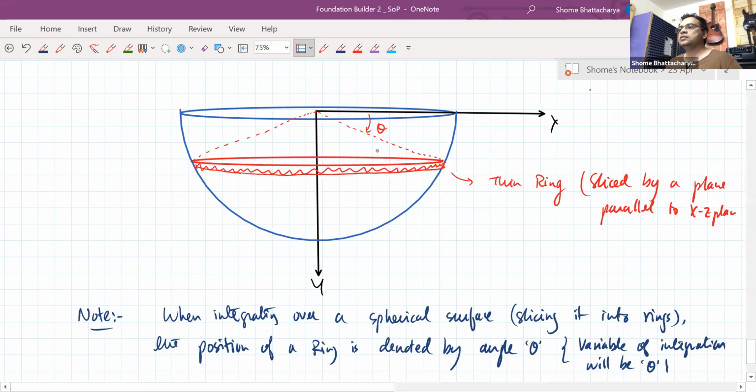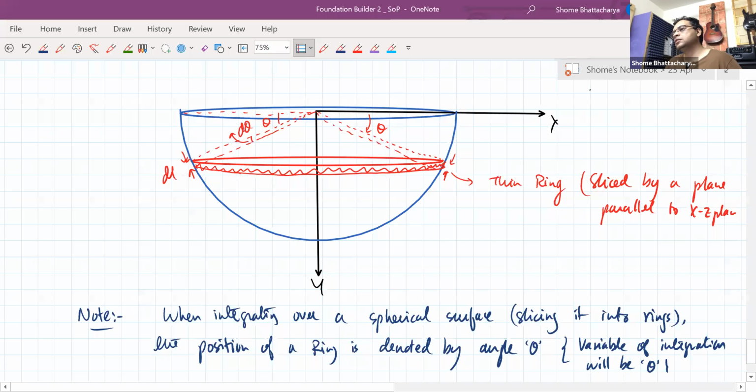So once we take the angular position as theta, now you can see that this side also, this is the same theta. So what happens is the thickness of the ring, let's write it as dl, which is the same thickness as this side. Now the ring itself subtends a very small angle d theta. This angle is d theta.